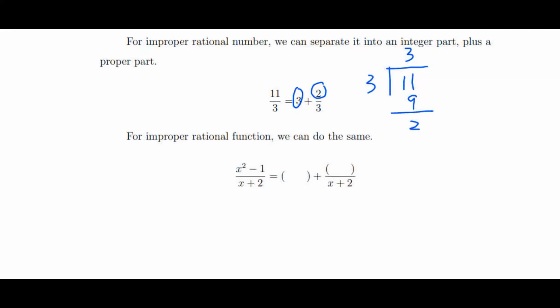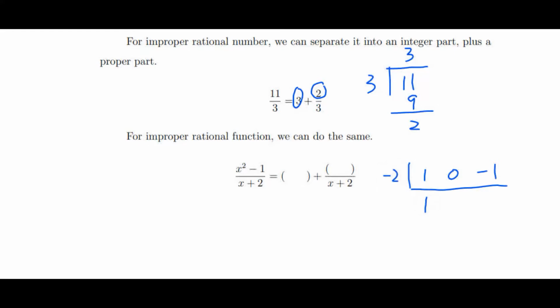Okay, so for rational function, we do the same way. We regard this as a division, and this part is quotient, that part is remainder. So let's find this division, find the quotient and the remainder. So here, x squared, 0x, negative 1, divided by negative 2, right? Okay.